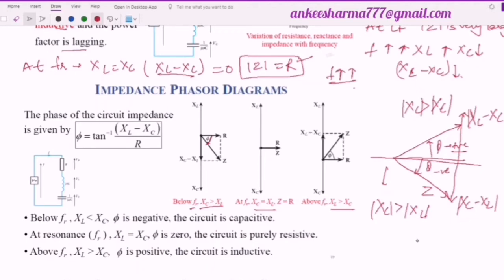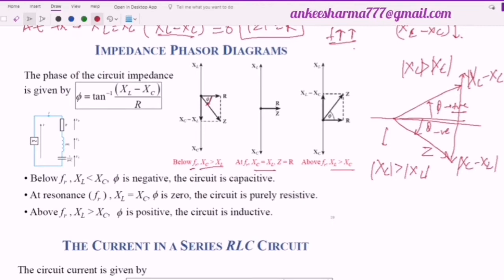In this case, the phasor diagrams have also shown us the same thing. They have shown us this Z, which has a phase difference of minus, because it is in the clockwise direction. Whereas when XL is greater than XC, or above the resonant frequency, this phase difference theta, or phi, is plus 90, in the positive side, because it is moving in the anti-clockwise direction, right?